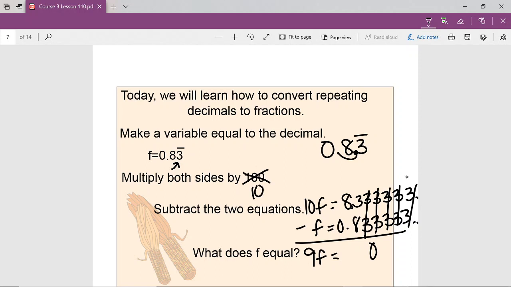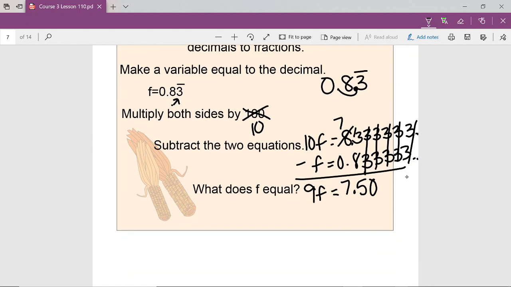Well, to subtract, I need to still borrow just like always. So I'm going to borrow from this 8 and get 7. 13 minus 8 is 5, we bring down the decimal point, and 7 minus 0 is 7. Ends up that we get 9f equals 7.5. Divide by 9, and we're almost done.